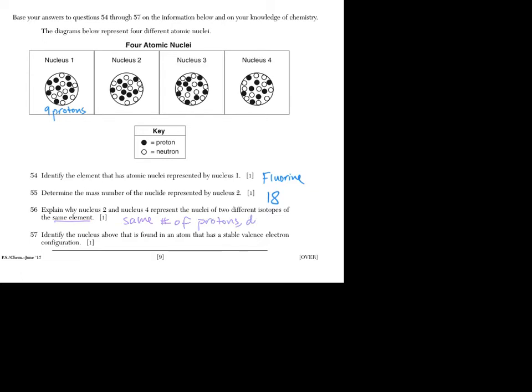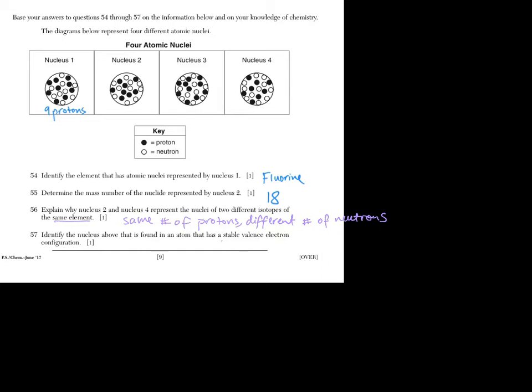And then different number of neutrons. All right, and number 57, identify the nucleus above that is found in an atom that has a stable valence electron configuration.